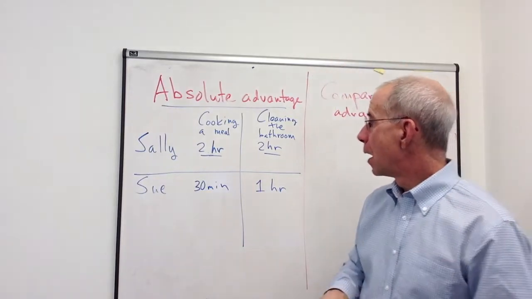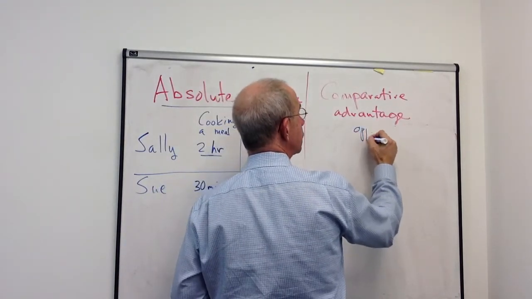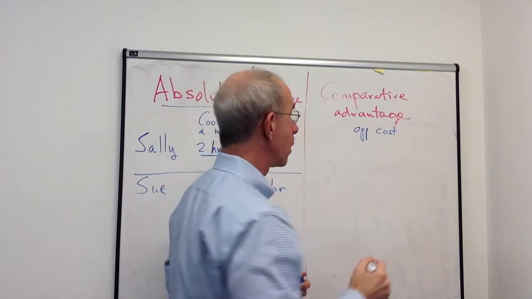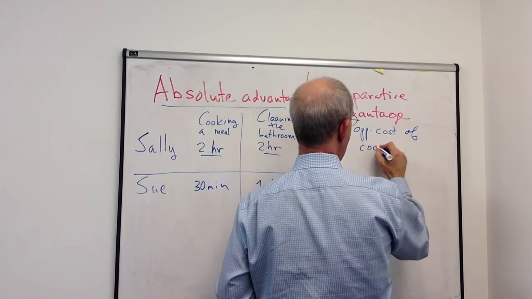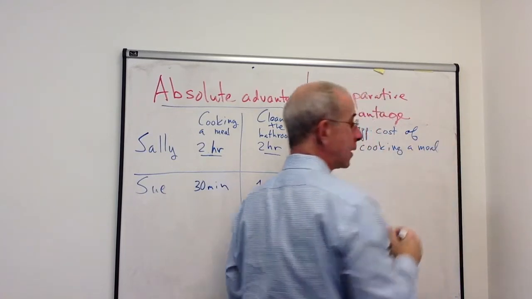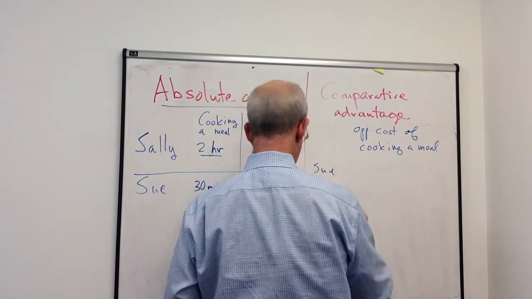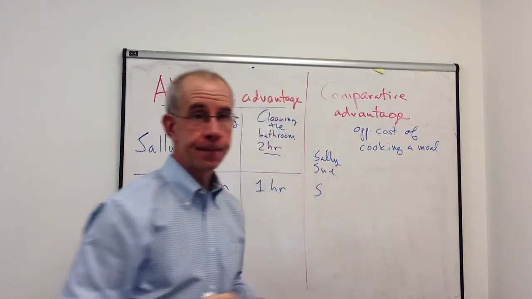In order to think about this, we want to use opportunity cost. We want to think about the opportunity cost of cooking a meal for Sue and for Sally.